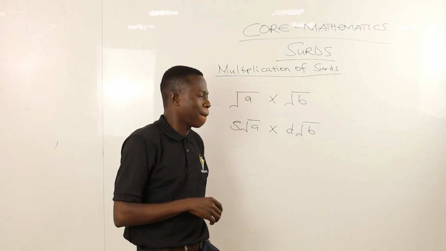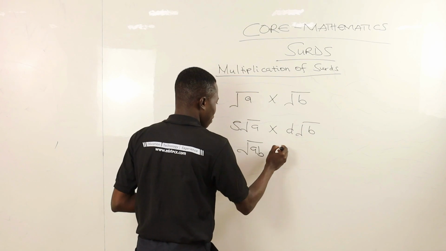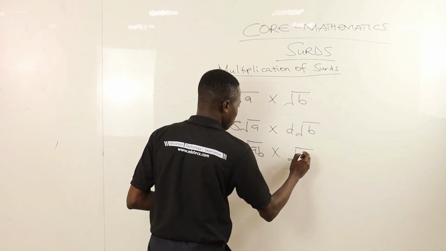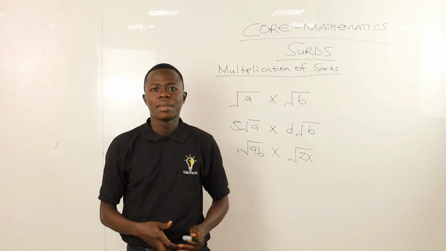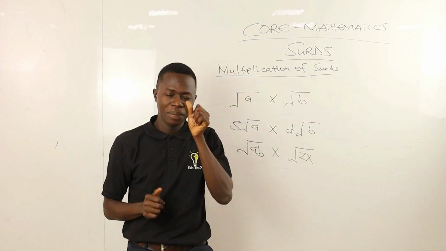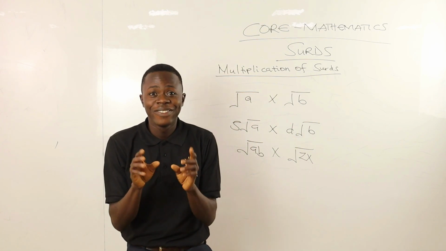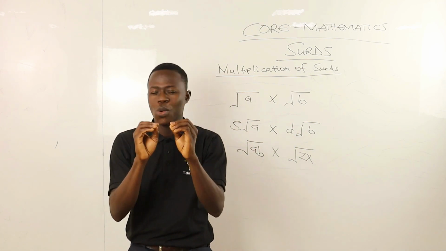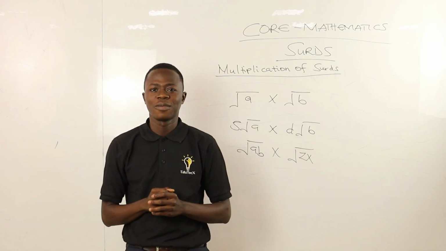Or the expression square root of AB multiplied by square root of ZX. How do you solve this one as well? If you notice, all of them involve multiplication. So just like always, follow me through this lesson and you will be able to know how to do that.